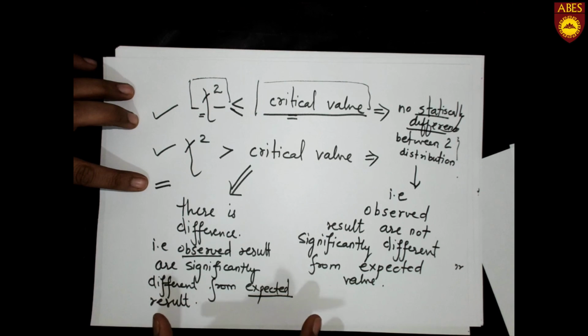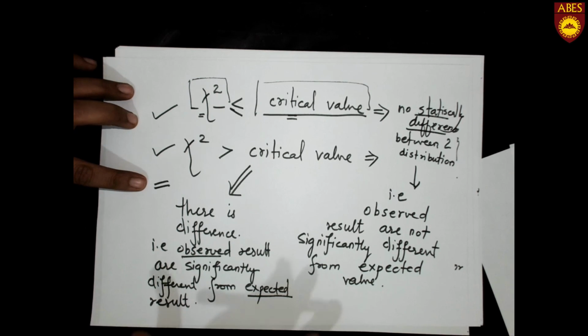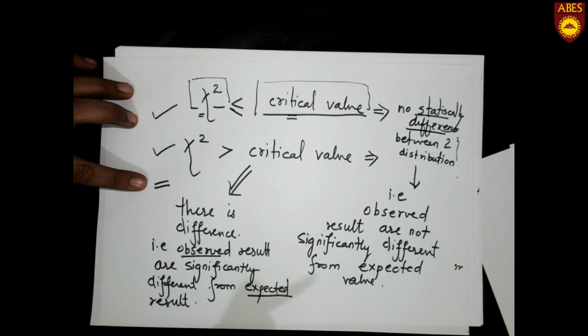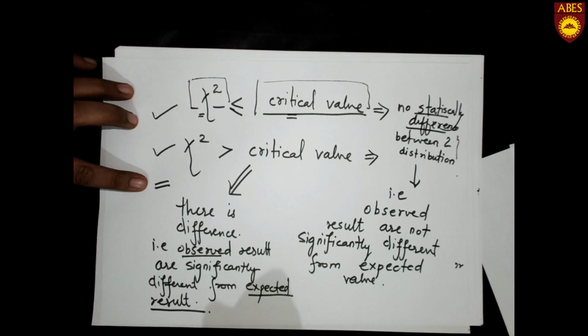So here is the result for your chi-square test. This is basically used in statistics, and second, to check the dependency of variables where we are working on categorical values. Thank you.